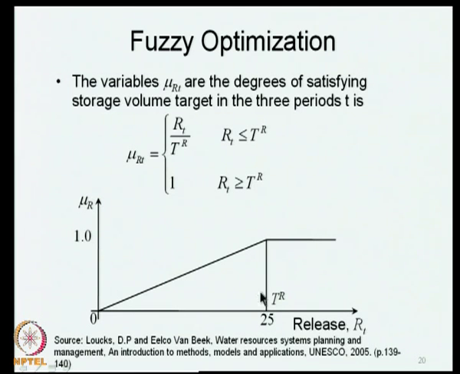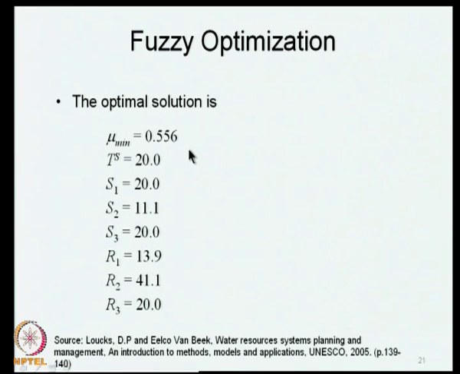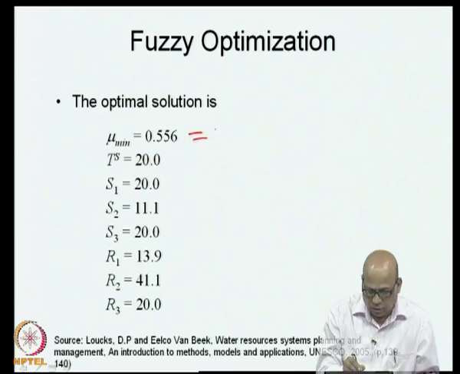So, this is the way we define the membership function for the storage and the release, and then solve the problem. When we solve this problem, we will get the minimum value, which is lambda. Actually, in our notation, this is lambda.